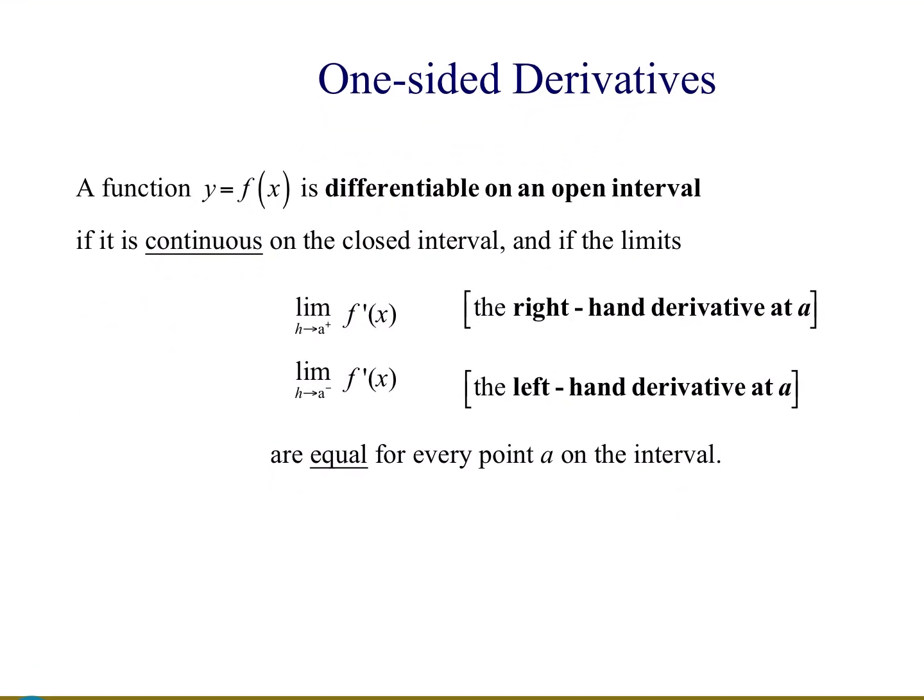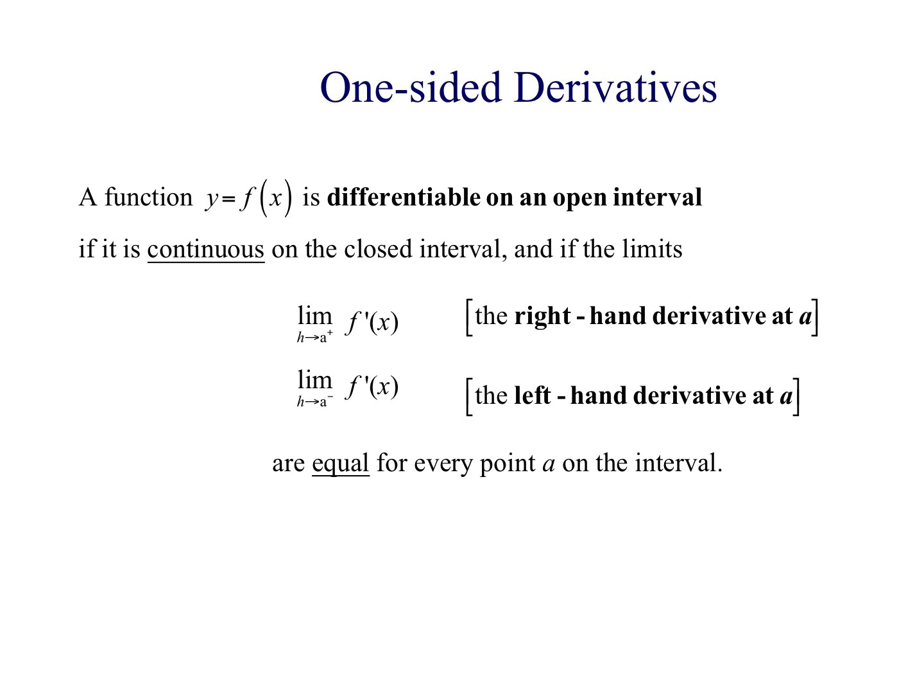When we check one-sided derivatives, this is where the word differentiable comes in. A function is considered differentiable on an open interval if, and here's the requirement, it's continuous on the closed interval. What did we learn before that required continuity first? IVT.